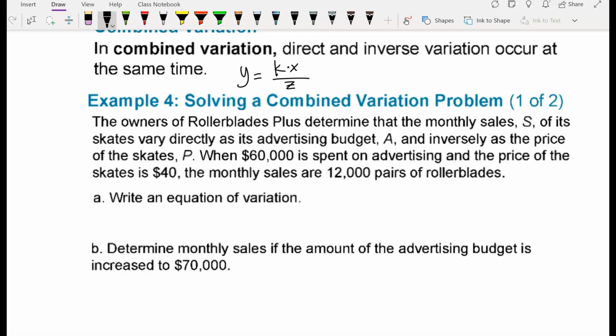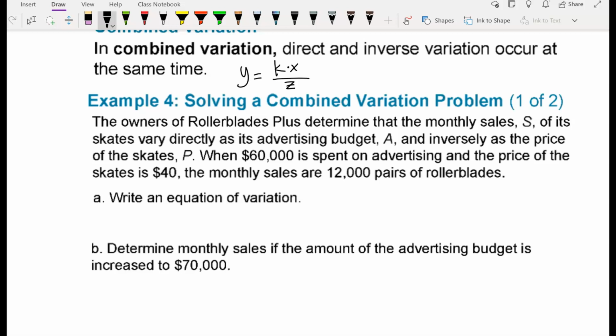All right, because they'll be combined. So, because you'll do multiplication and division at the same time. That's what the combination of those mean, is that you're combining that direct and inverse variation together.